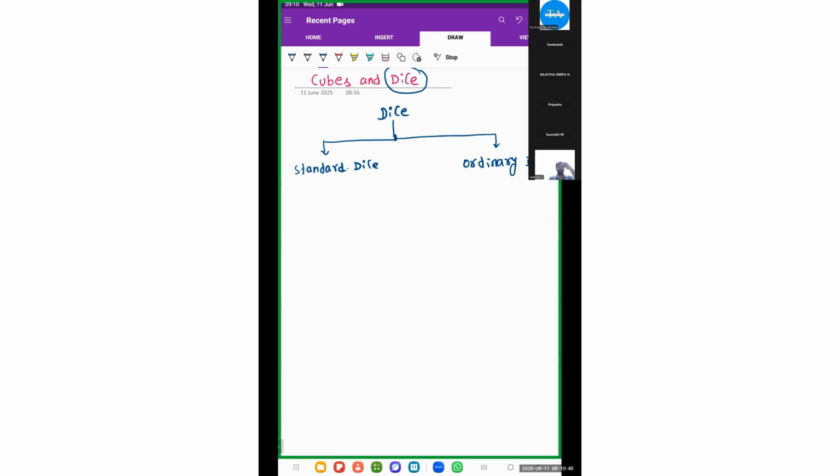When the opposite faces sum is 7, they are called standard dice.